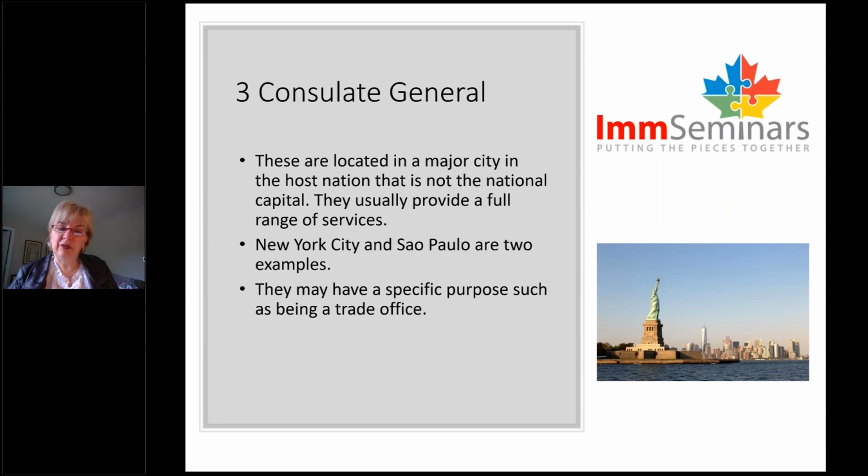The consulates general may have a specific purpose, such as being a trade office. For example, when Canada began to establish independent relationships with Taiwan, we opened a trade office in Taipei. Since there was some sensitivity with regard to any kind of recognition of Taiwan as an independent nation, we were sensitive to that.